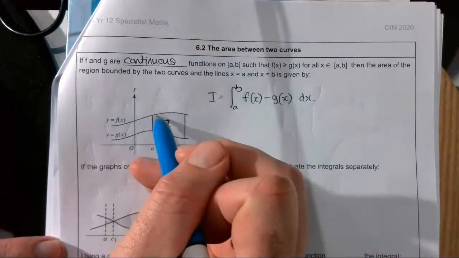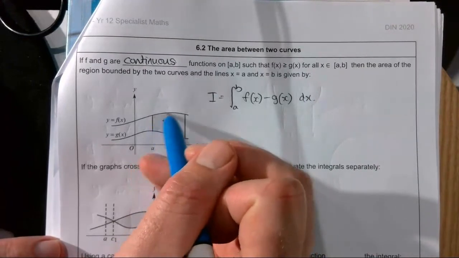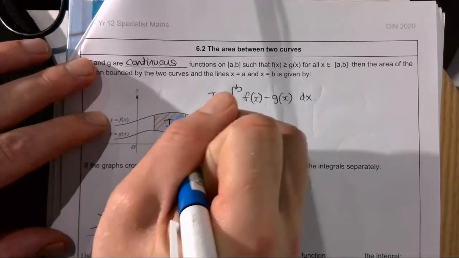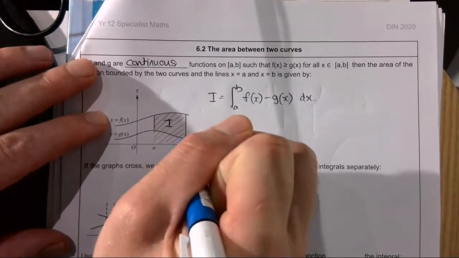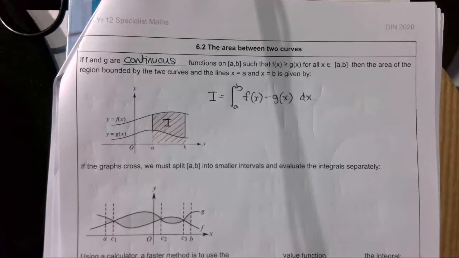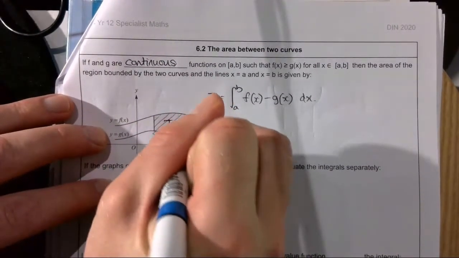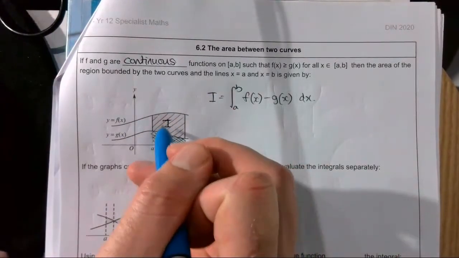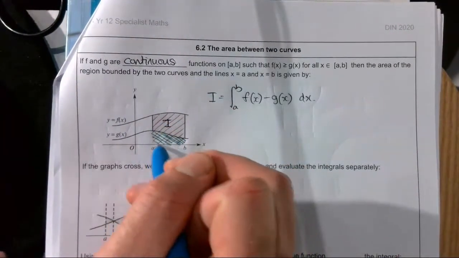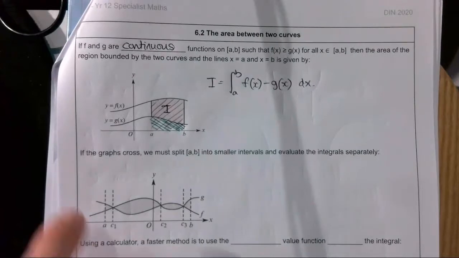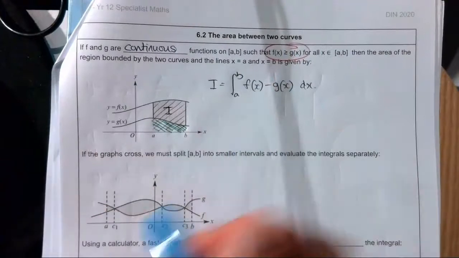If we think about that, the area under f of x is all of this, and the area under g of x is this, and so the shaded area is the bit that remains when you take the green away from the red. So subtraction works.